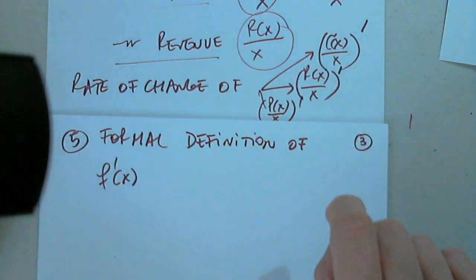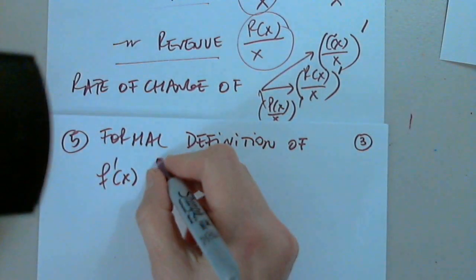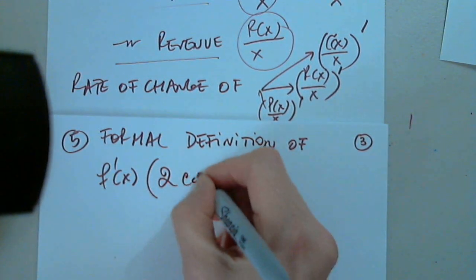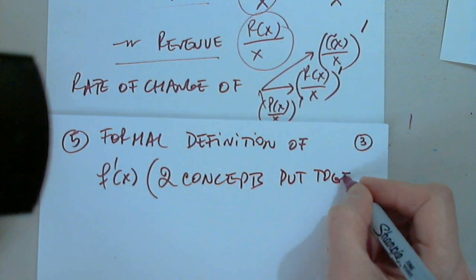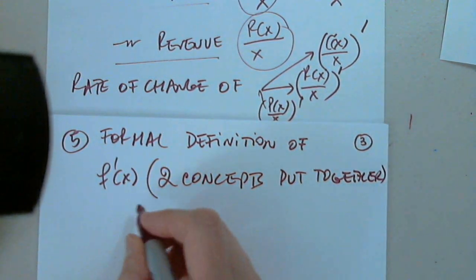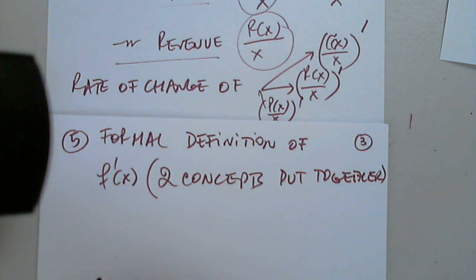It's not easy to work with, but there is only one definition, and it involves two concepts together. I'll put it in parentheses. Two concepts put together. This is what we wrote at the beginning of chapter 1, and this is a very important definition.